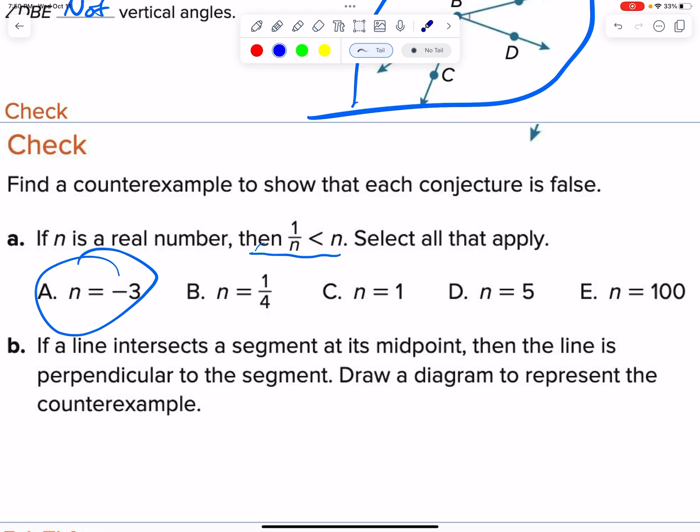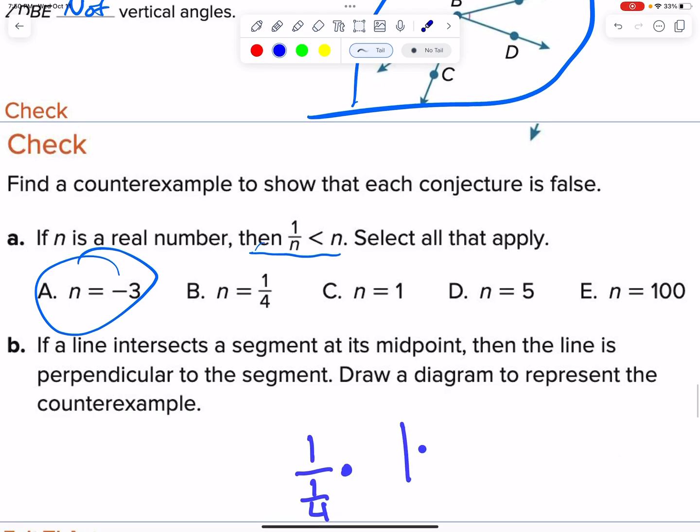If we look at B, again, this looks kind of silly, but we don't divide by fractions. We multiply by the reciprocal. Well, that means that this says 4 is less than 1/4. So odds are if I pick any improper fraction that's positive, it's also going to work as a counterexample.